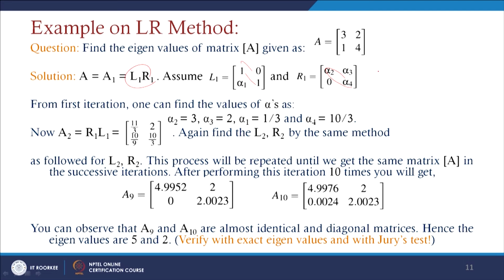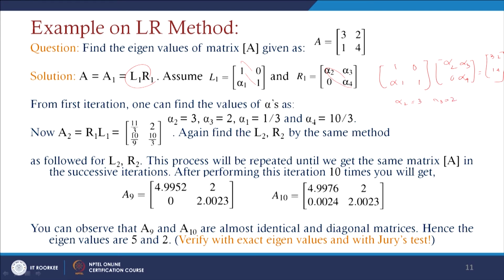So, obviously we can write here 1 0, alpha 1 1, times alpha 2 alpha 3, 0 alpha 4, which equals 3 2, 1 4 here. And we can take the product: alpha 2 is nothing but 3 here, and then taking the next product, we have alpha 3 equals 2.